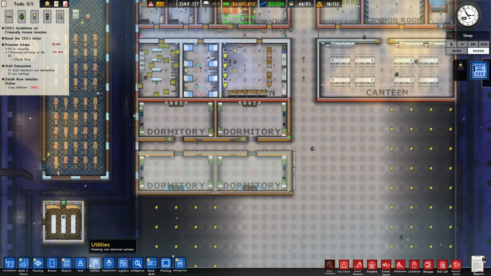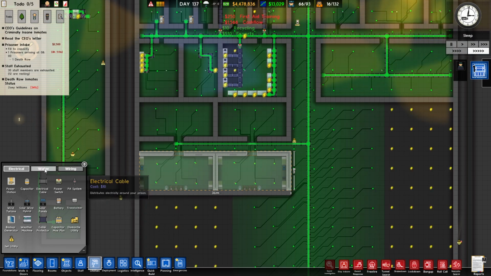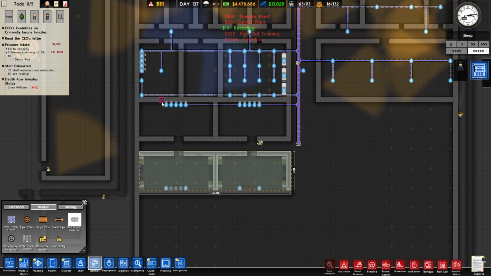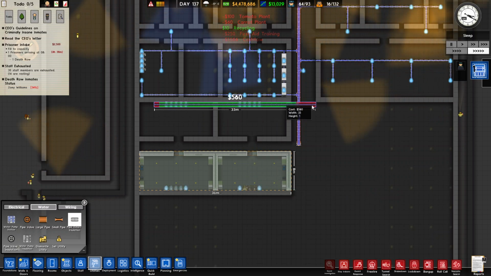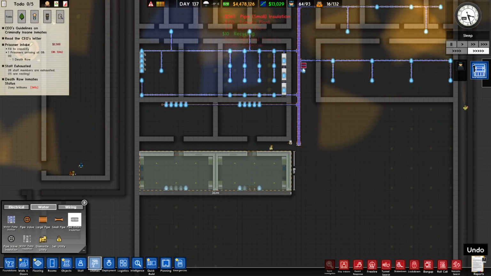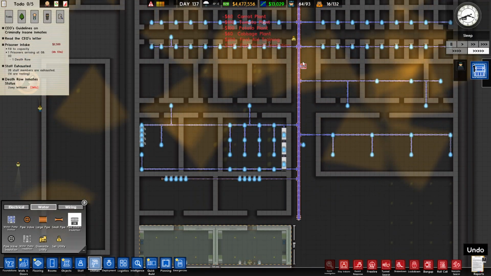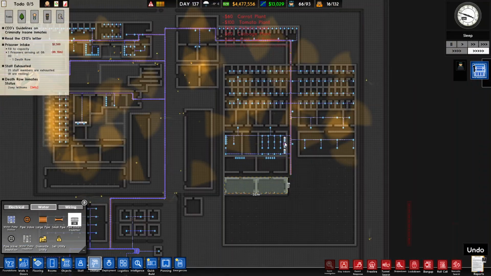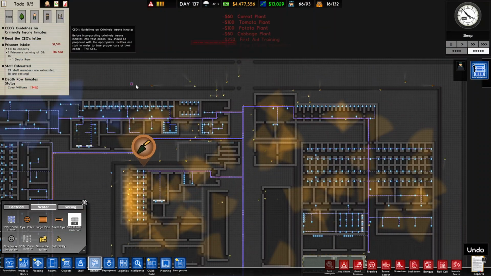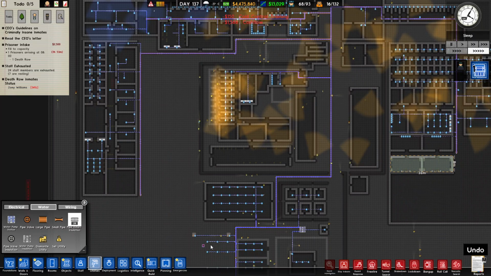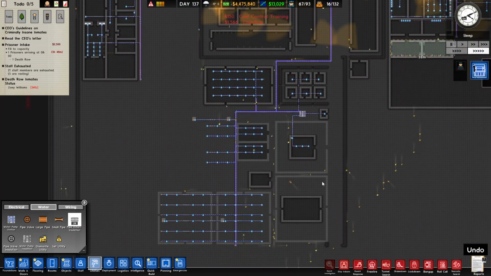Right, so we've got a bit of freezing happening. Pipe insulation. Was pretty much up to date before this though, so it's a matter of going over what's just been added. I'm going to zoom out and make sure nothing else is frozen anywhere. Don't see anything. Everything looks like it's running, apart from what we've just done.